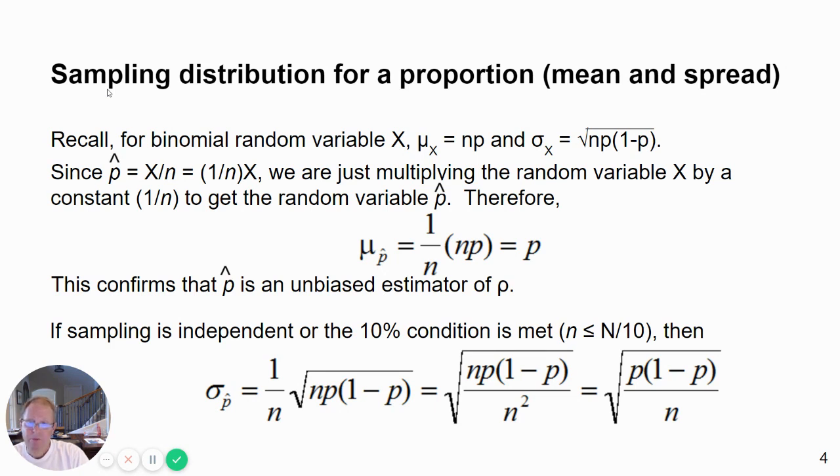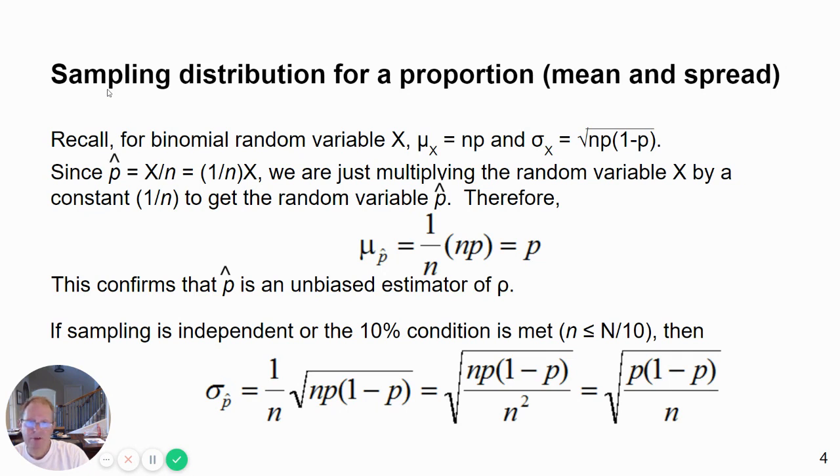And this confirms that p-hat is an unbiased estimator of rho. And from the standard deviation of the binomial variable x, I derive the standard deviation of p-hat. It's equal to the square root of rho times 1 minus rho over the sample size.